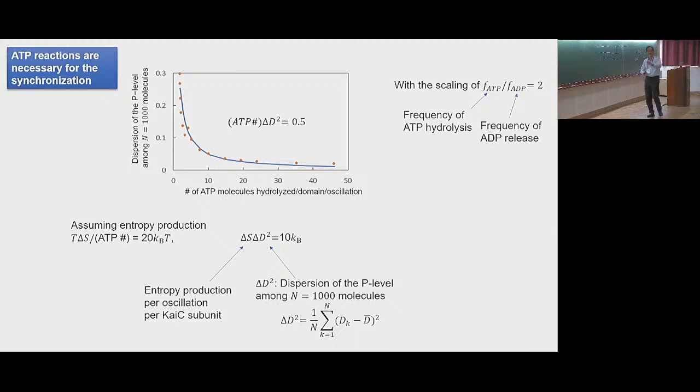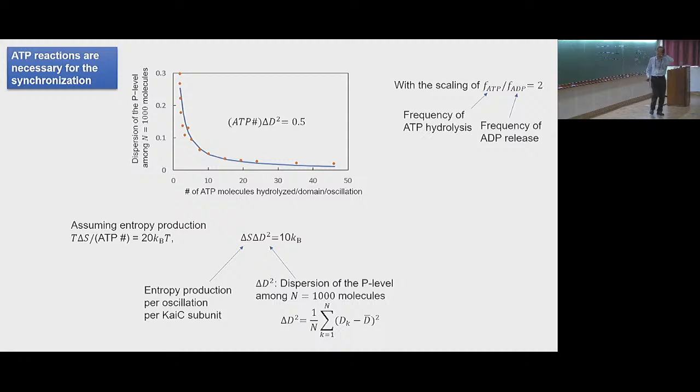The larger delta d, the more desynchronized the system, so that the average amplitude disappears with the opposite trend. And this numerically simulated data can be fitted with this hyperbolic relation. So the consumed ATP number multiplied by the dispersion is constant.